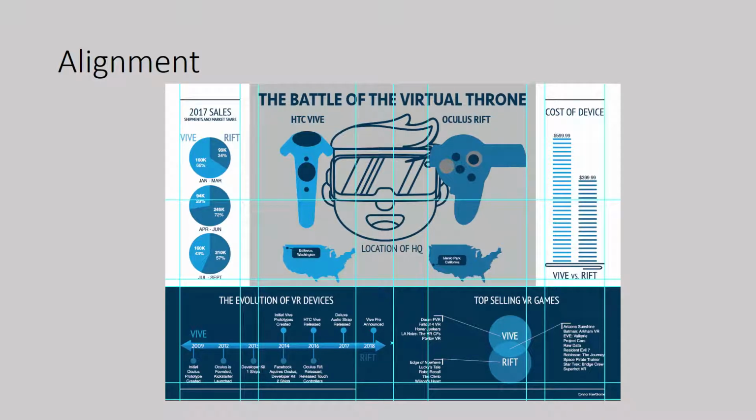The only thing that wasn't centered in my final product was the guy with the headset in the middle, and that was because the Oculus controller is not as big in terms of height, and so when I stretched it out to try and make it the same size as the Vive, it became a lot wider. I played around a lot with trying to space them equally in the center to give them just as much importance, and I finally got to a point where they were equally in the center and the labels were equally in the center as well.